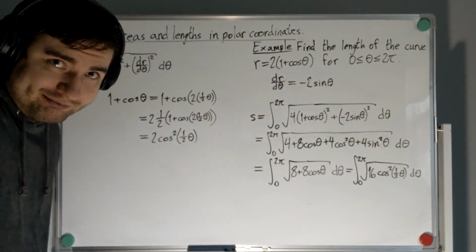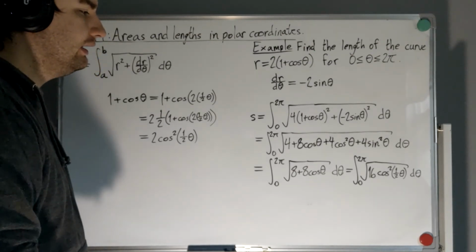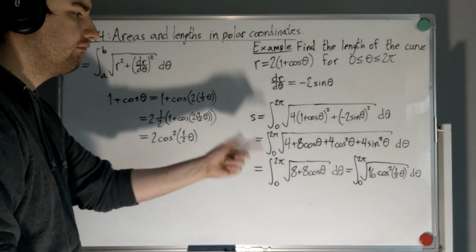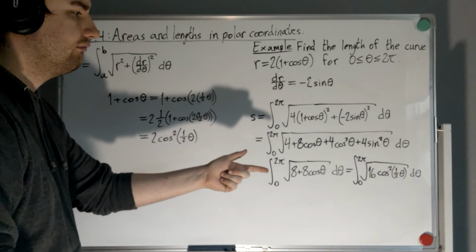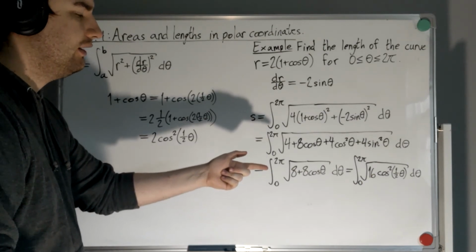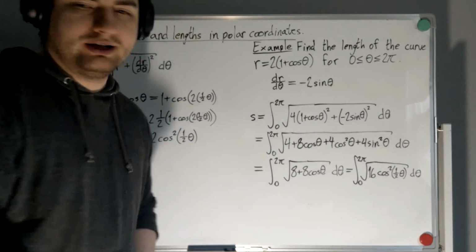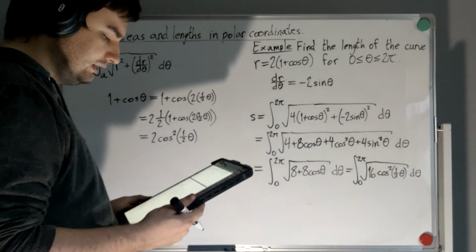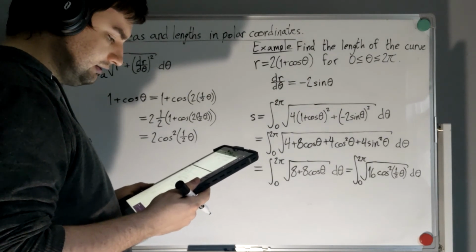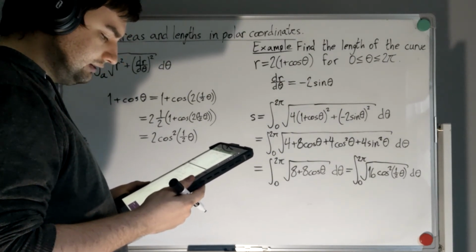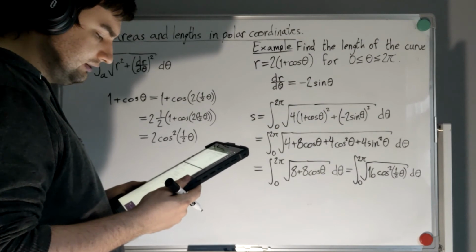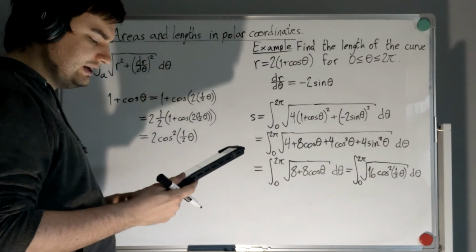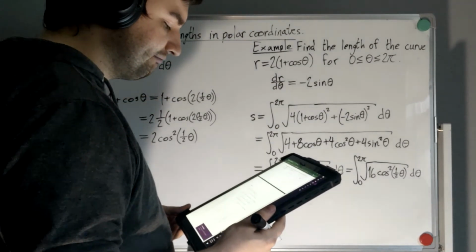Now you can do the square root, and wait a second, I just realized something. Cosine of 1/2 theta. I did take care of that in my notes.